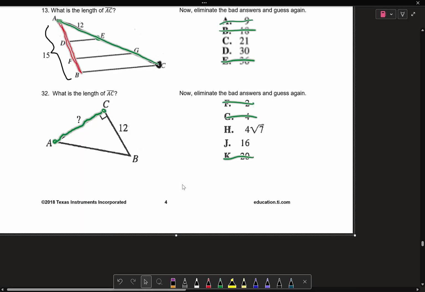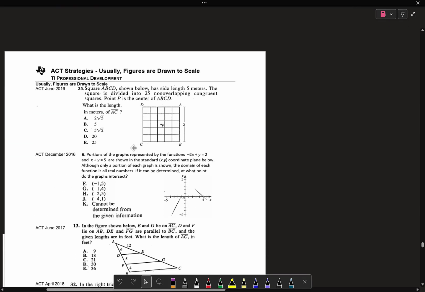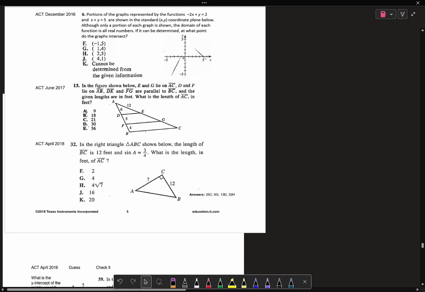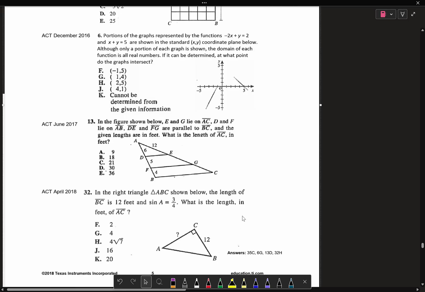And then let's real quickly go over a couple of the questions. We don't need to go over 35 or number 6. We felt pretty confident about those, but 13 and 32. Let's look at those 2 questions. And you'll notice now on 13, they give us a little bit more information in this problem than we had previously. They give us the length of each individual side.